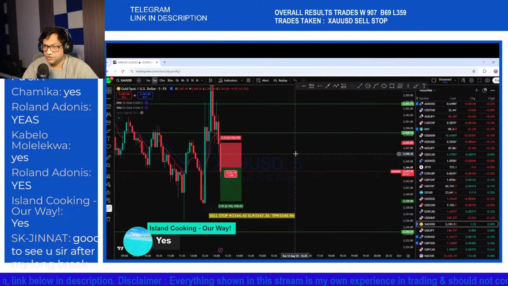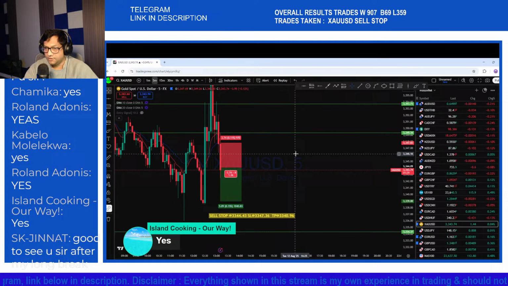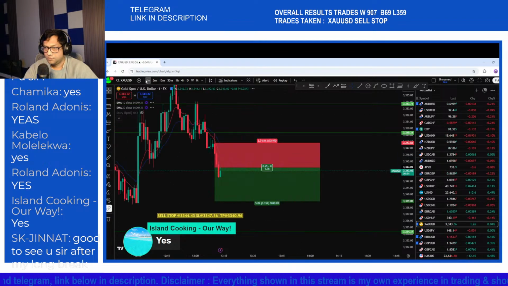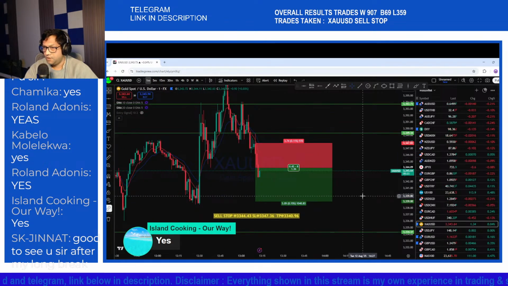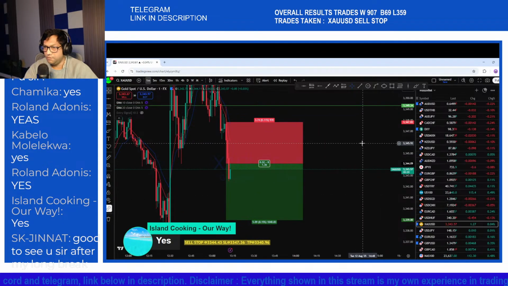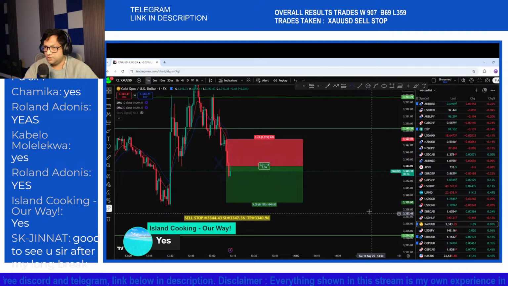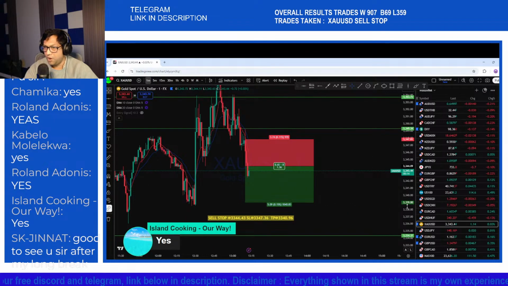So there's a 5 minutes close coming, and come on. This 1 minute candle is important because this is one I would like to rely on either to drop or to bounce back up.